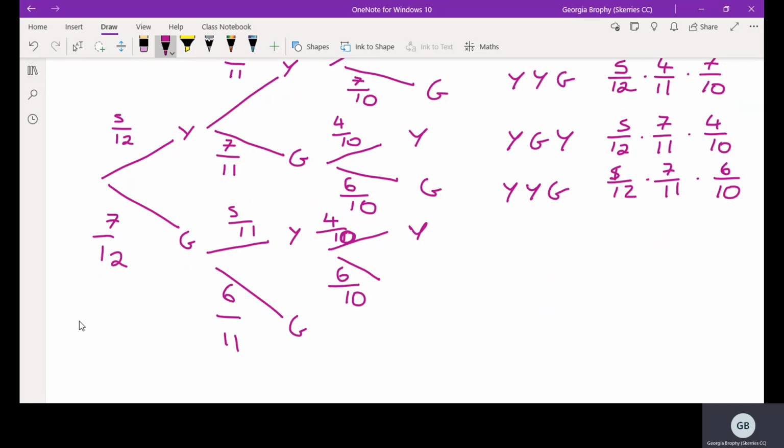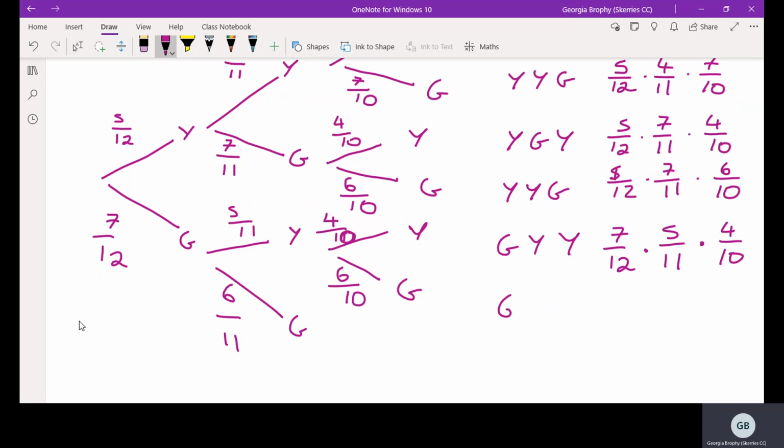Okay, let's have a look at our 2 outcomes there. So we started with green, we went to yellow, then we went to yellow. Our probability for choosing green, first of all, was 7 over 12. Then if we chose a yellow, that was 5 over 11. And then if we chose another yellow, that was 4 over 10. Let's look at the outcome if we chose green.